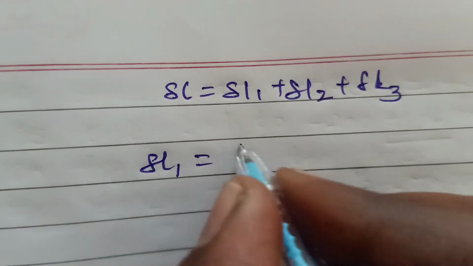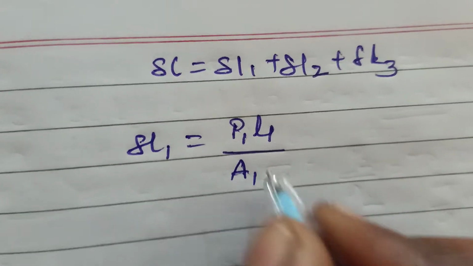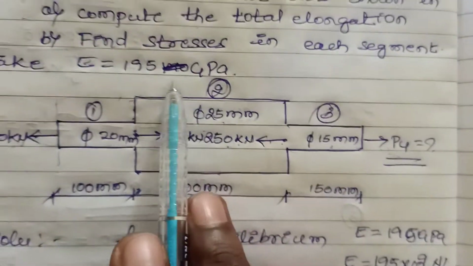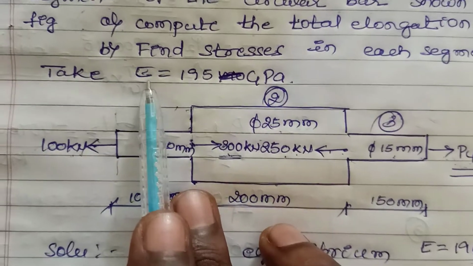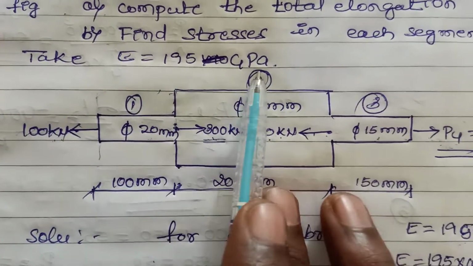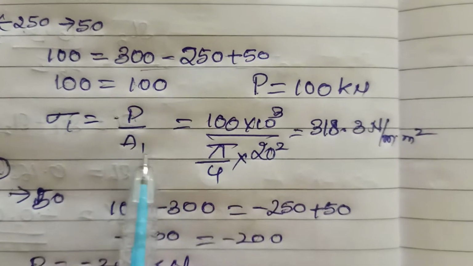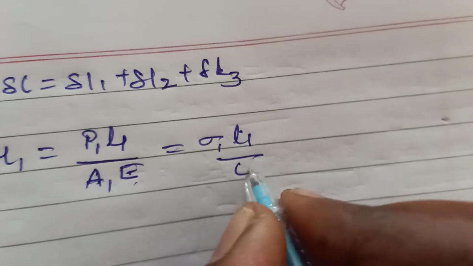Delta L1 is equal to P1 L1 divided by A1 E. I am just going to write E because it is made of a single material, and the Young's modulus is given only as 195 gigapascal. P1 divided by A1 is sigma 1, so delta L1 is sigma 1 L1 divided by E.